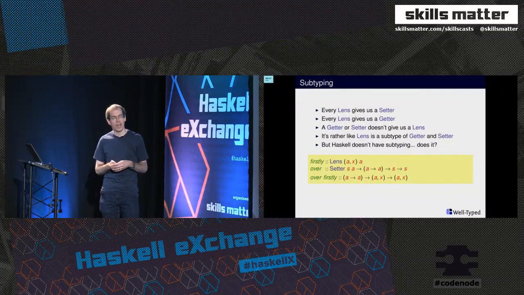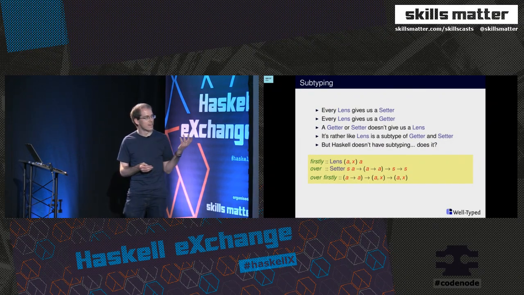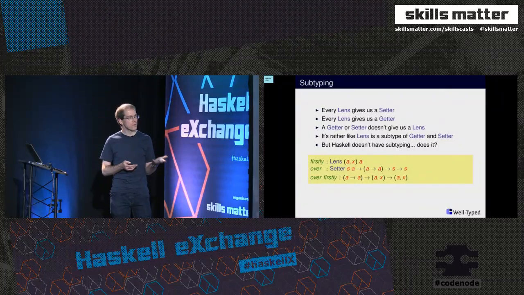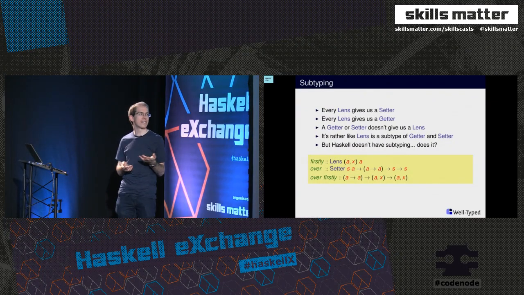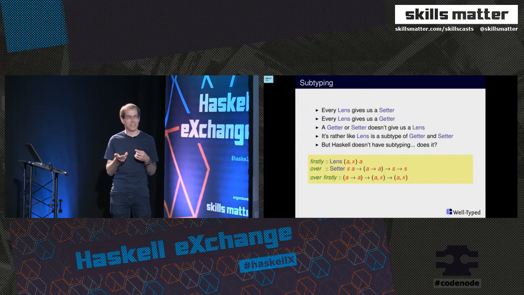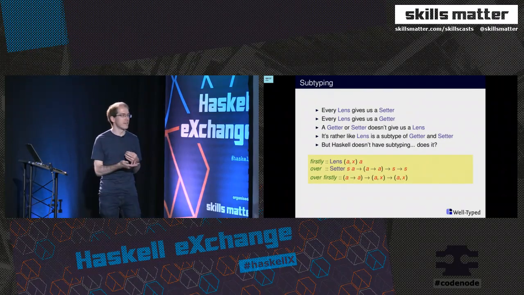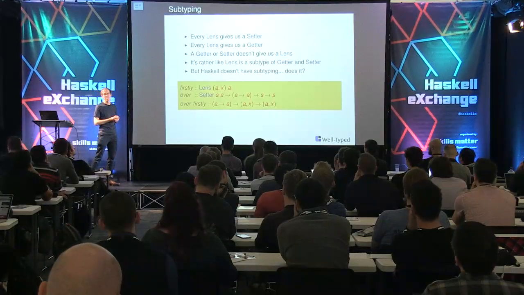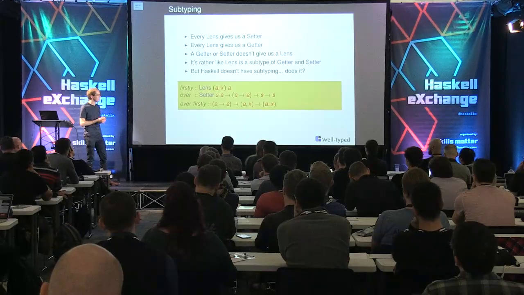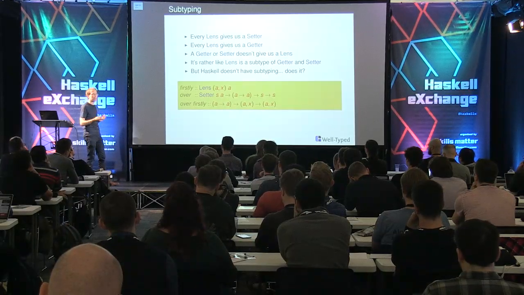And in terms of programming with them, what would be very nice is if, say, we have an operation like over which applies to setters, but we have a lens. It ought to be possible to apply over to the firstly lens in order to lift a function that works on A's to a function that works on pairs of A's and X's.